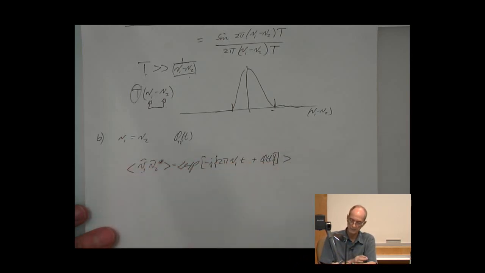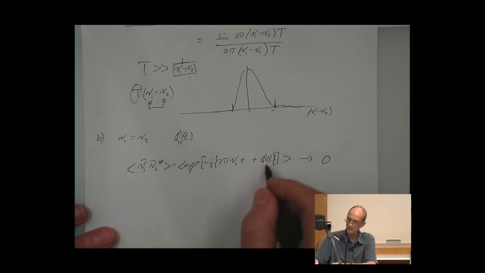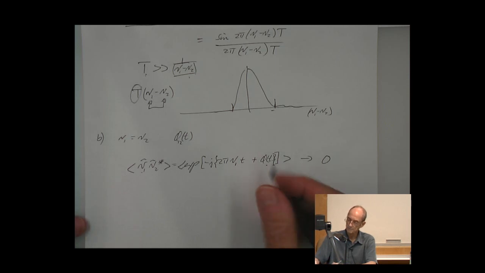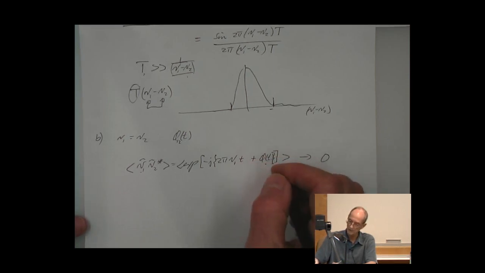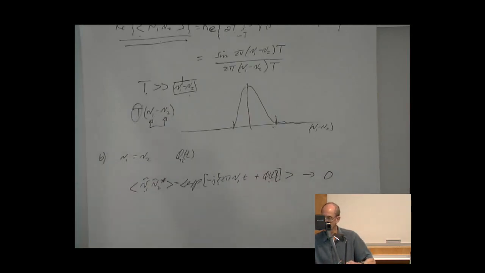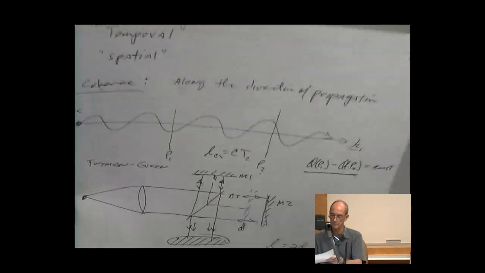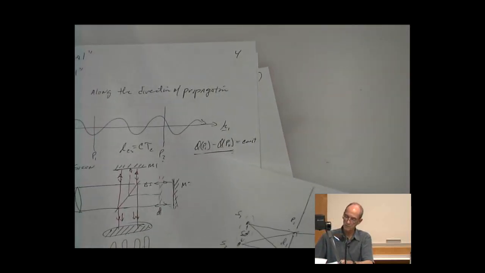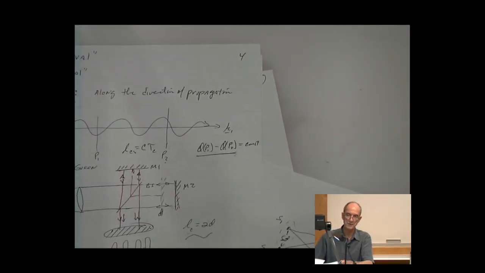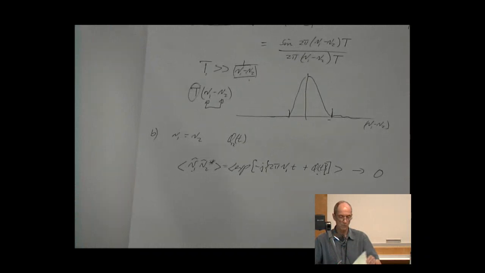So if we take the time average of that, then we find that that just goes to 0, right? Because if that is changing in time, that part is going to cause the fringes to wash out. Okay, as I mentioned earlier when I started, we have phi of p1 minus phi of p2 equal to a constant, but in that case the phase is a function of time, and so that will wash out.